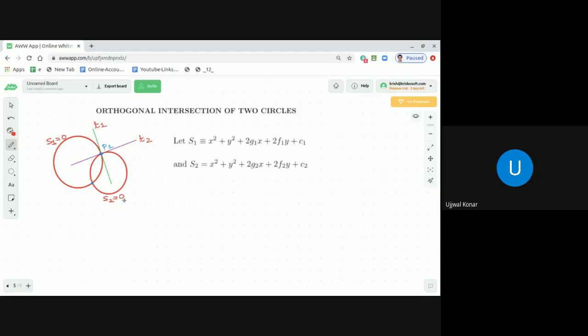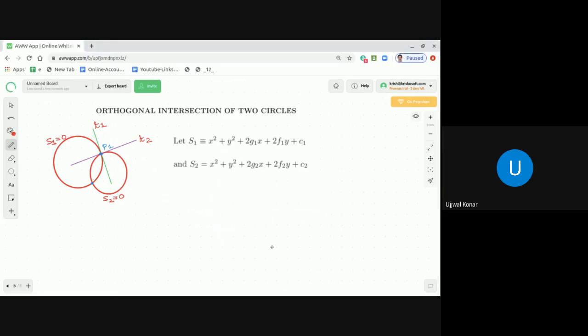That means S1 is represented by x square plus y square plus 2g1x plus 2f1y plus c1, and S2 is represented by x square plus y square plus 2g2x plus 2f2y plus c2. So these are the two circles. Now, what are their centers? You can know their centers, it is pretty simple. The distance between their centers will be something like this.